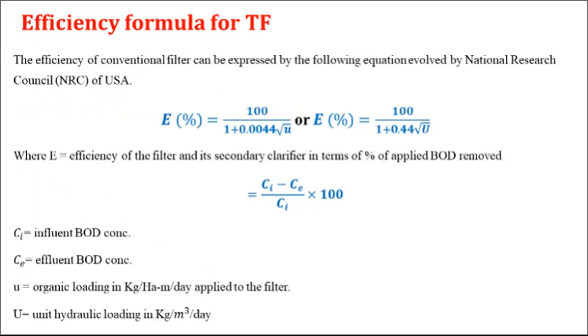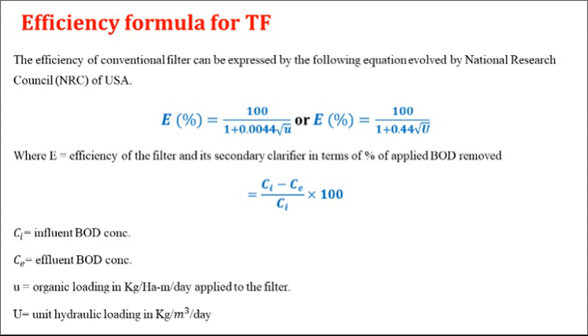Then next one, formula for efficiency of trickling filter. The efficiency of a conventional filter can be expressed by the following equation given by the National Research Council, called NRC, of USA.